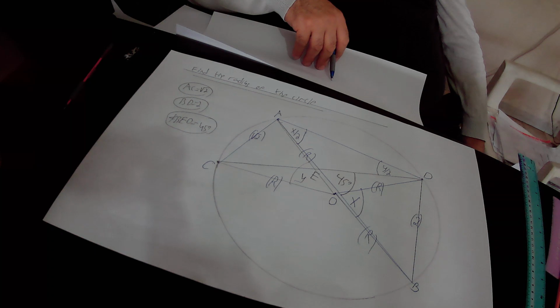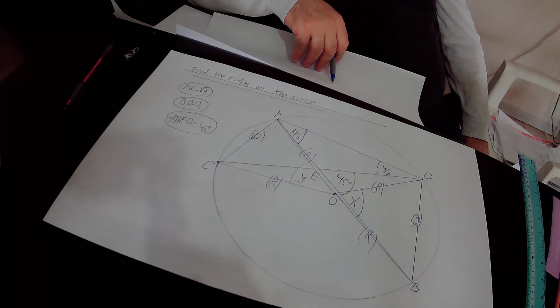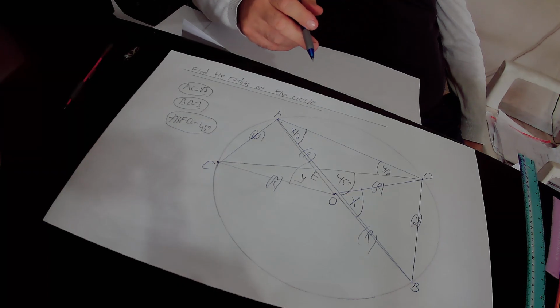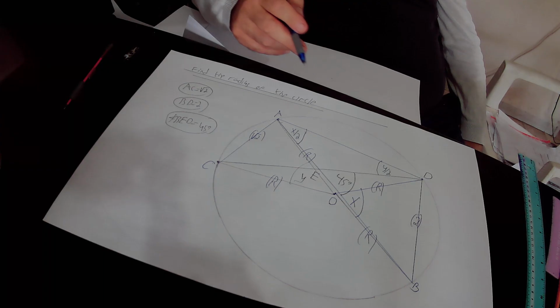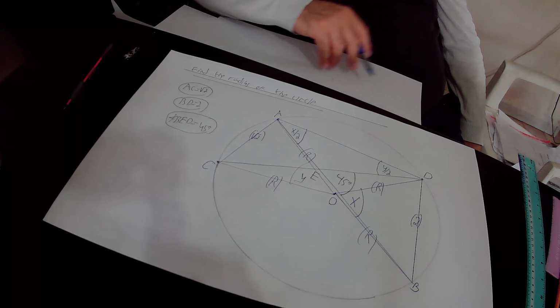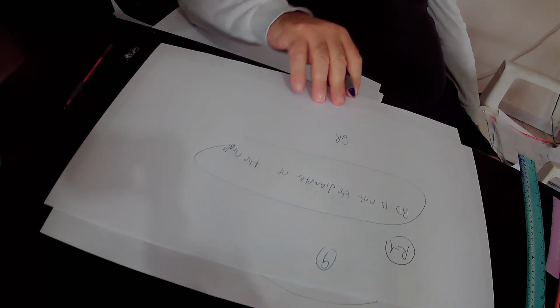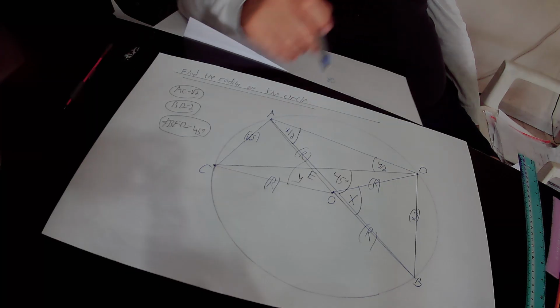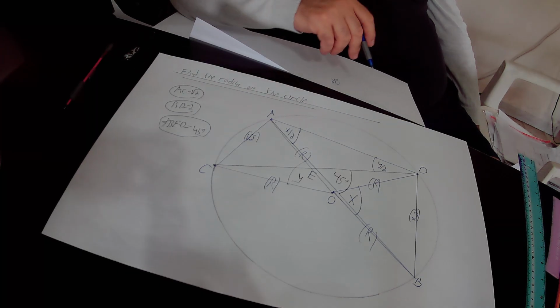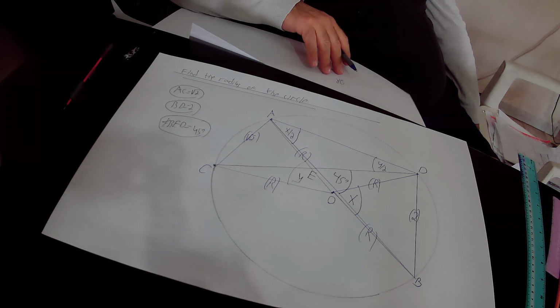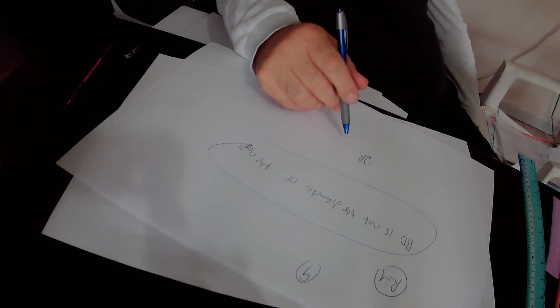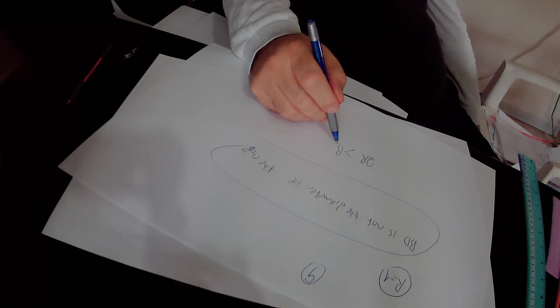Again, the diameter in any circle is the longest chord in any circle. Okay? So, therefore, the diameter of this circle is 2r, and 2r must be greater than DB, that is not the diameter. Again, r is the radius of this circle, therefore 2r is the diameter, so 2r must be greater than DB, which is not the diameter.